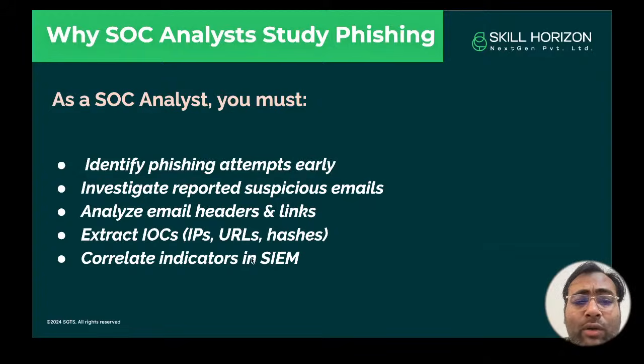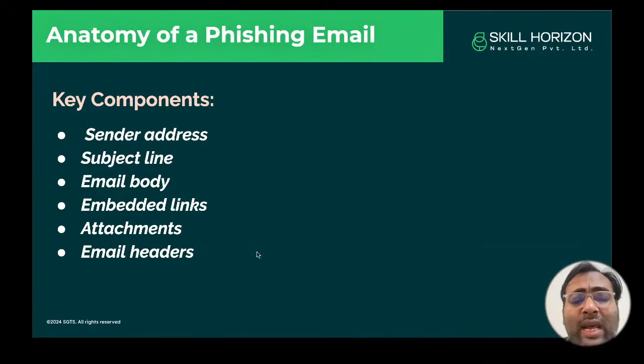Now, if I talk about the anatomy of phishing emails, if you are receiving an email, what are the key components you need to check, or what are the areas you need to look at? They are the sender's address, subject line, email body, links, attachments, and email headers.